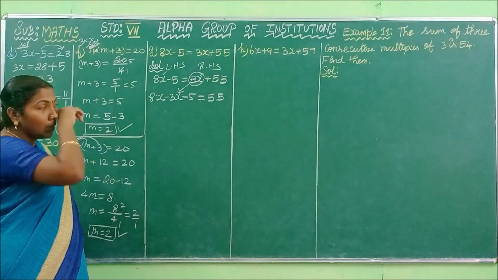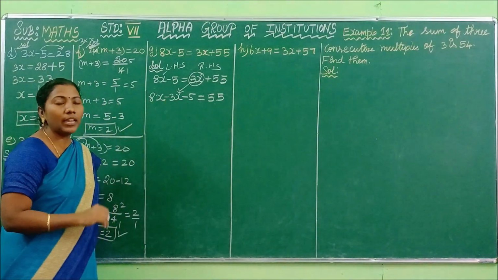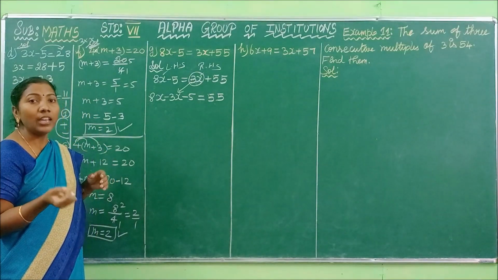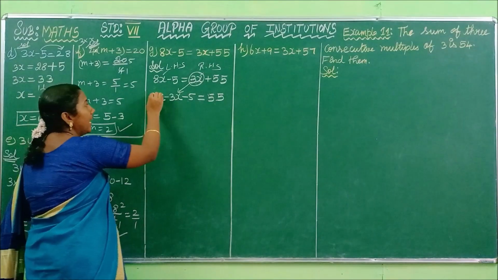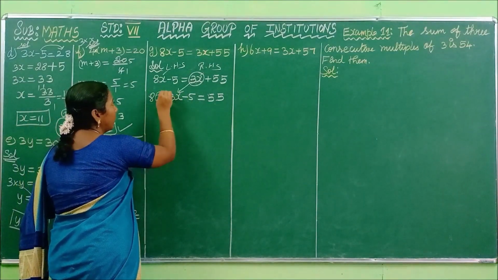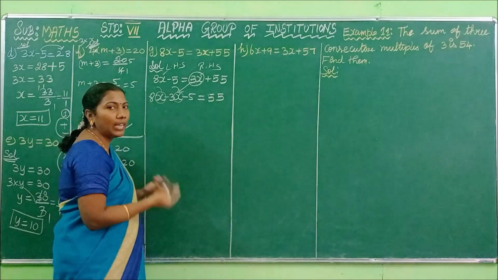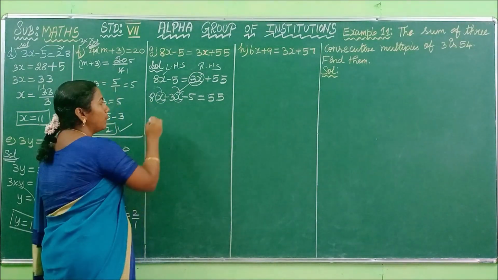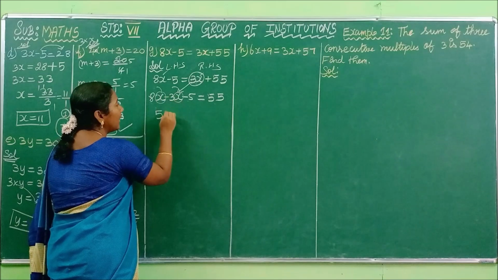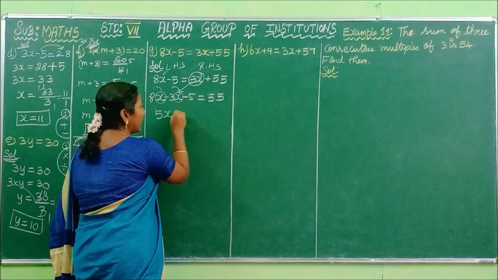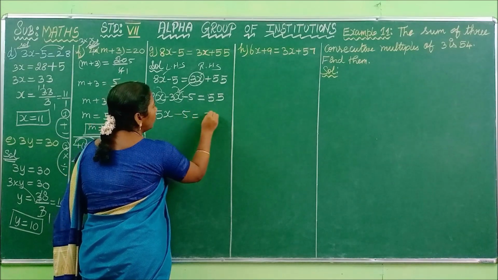We already know they are like terms, so we can add or subtract like terms by adding or subtracting their coefficients. So here we have 8 apples, here we have 3 apples. So 8 apples minus 3 apples. What is your answer? 5 apples. So instead of apples we write x, thus 5x. Next 5x minus 5 equal to 55.